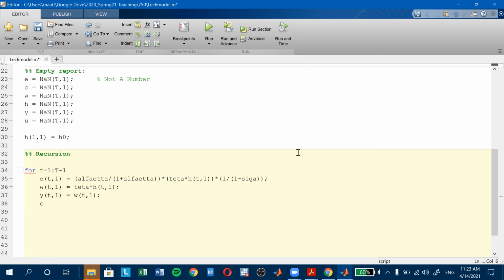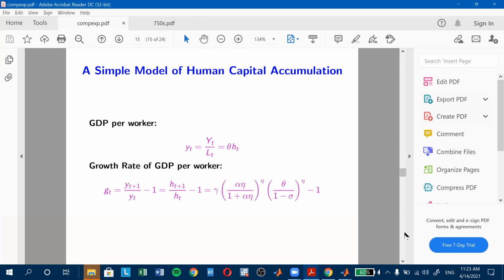Then there's consumption. Careful: first we have tax. The government budget constraint tells me that tax will be equal to sigma times ET. Remember this from the model.